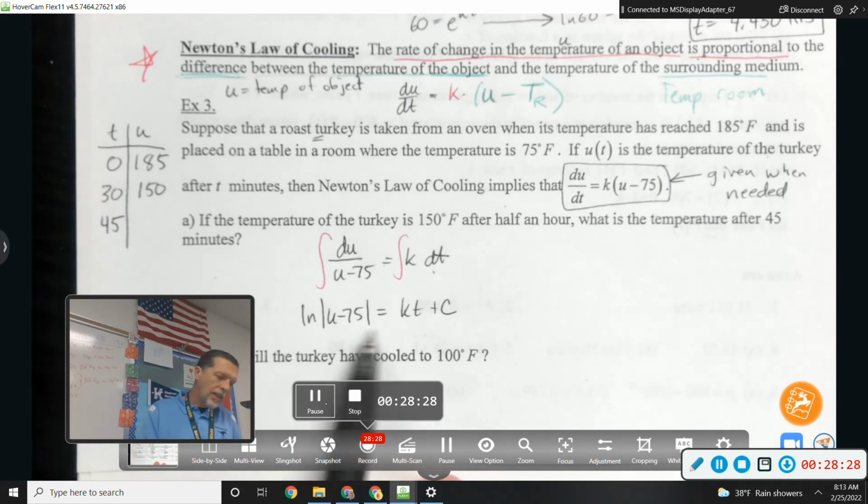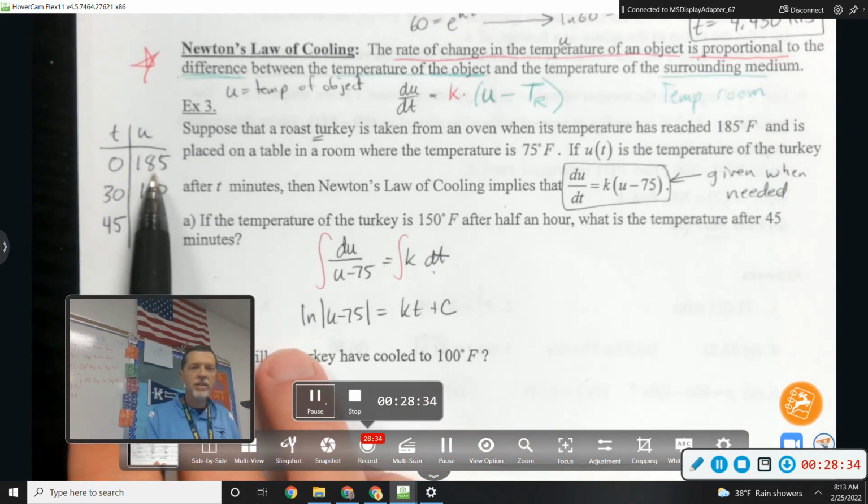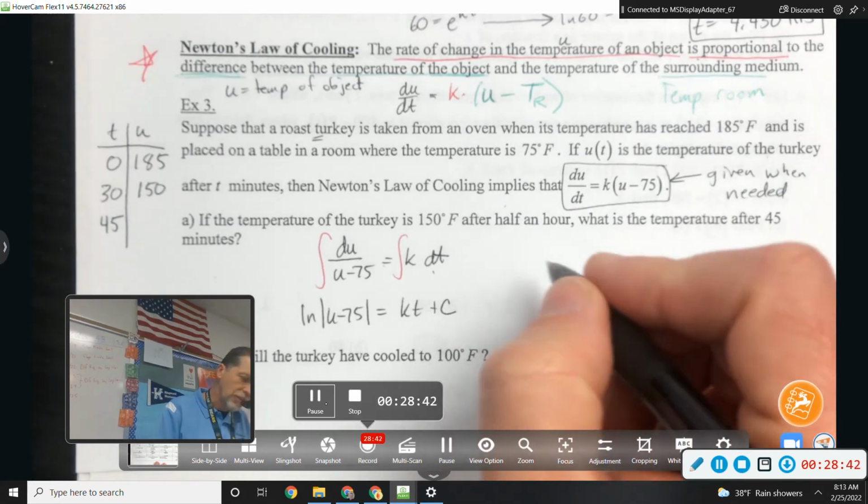And the absolute value bars aren't really necessary, because if my turkey starts at 150 or 180, whatever it was, it's never going to go below 75, right? It doesn't cool down below room temperature. That would be breaking laws of thermodynamics.